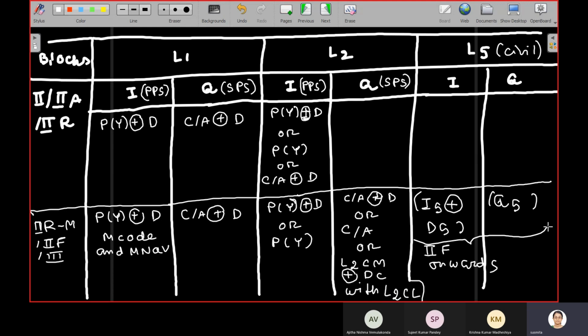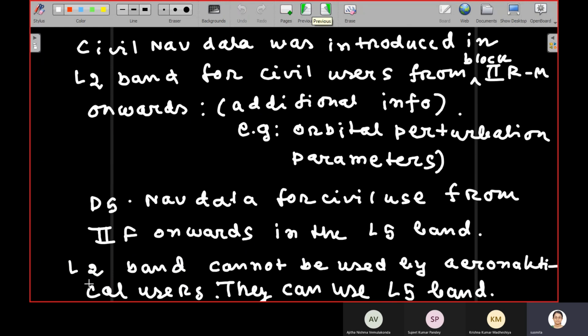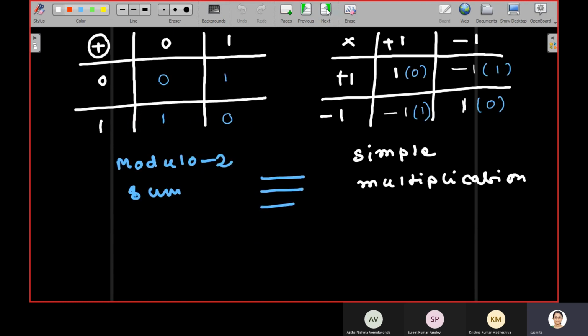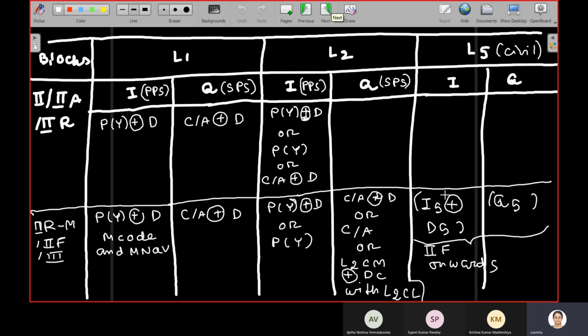This was introduced from 2F onwards in the L5 band for civil aviation purposes. Again, this is a new code. This is the D5 nav data that I mentioned, and I5 and Q5 ports I mentioned. So they are introduced in the L5 band only from 2F onwards.